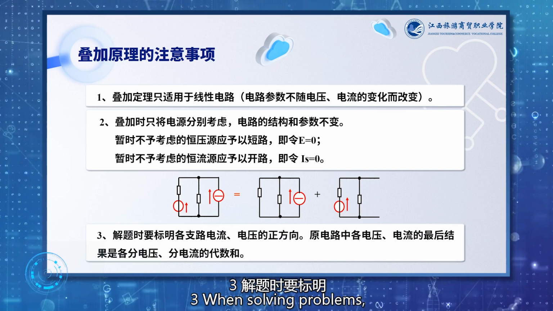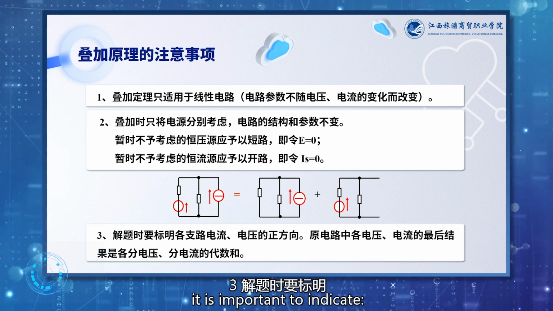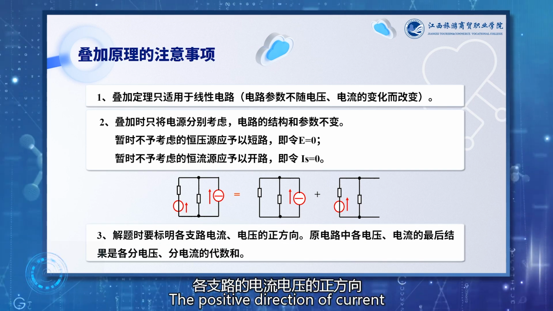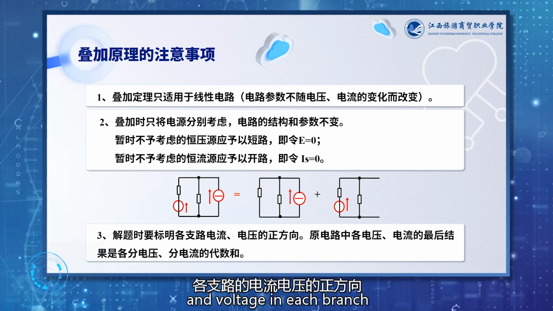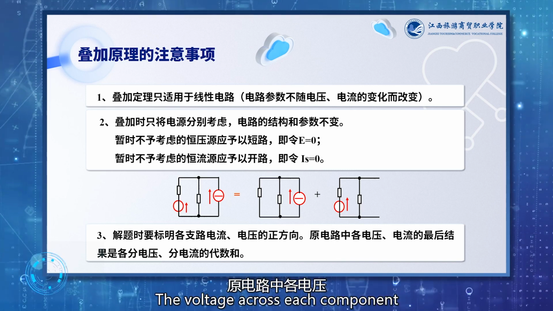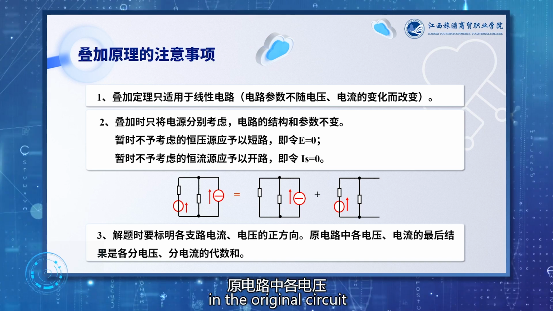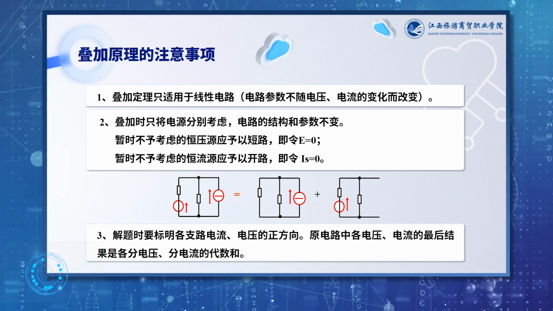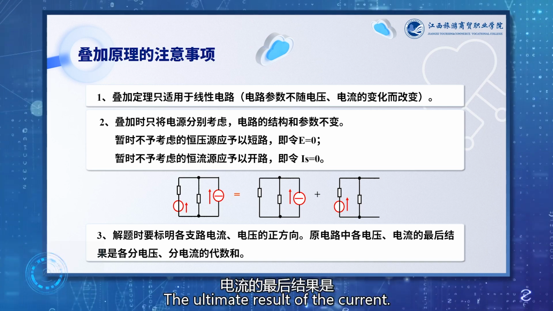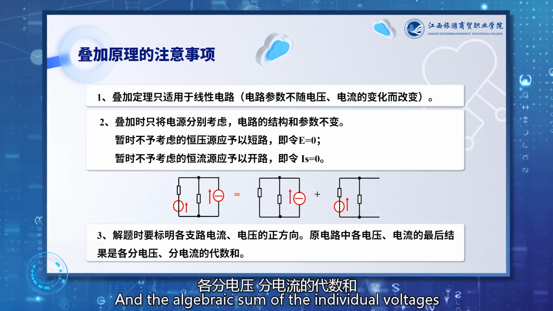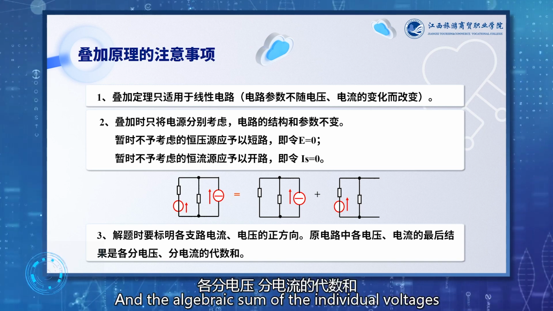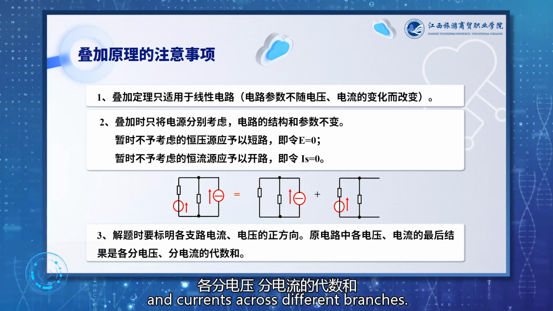3. When solving problems, it is important to indicate the positive direction of current and voltage in each branch. The voltage across each component and the ultimate current in the original circuit are the algebraic sum of the individual voltages and currents across different branches.